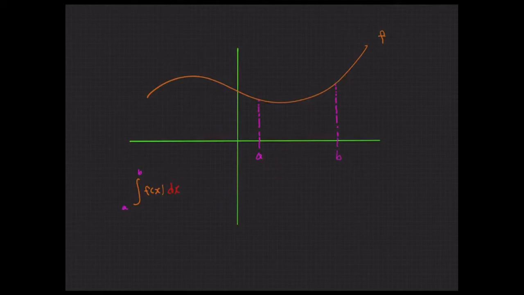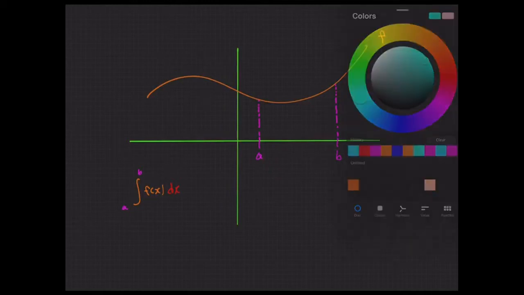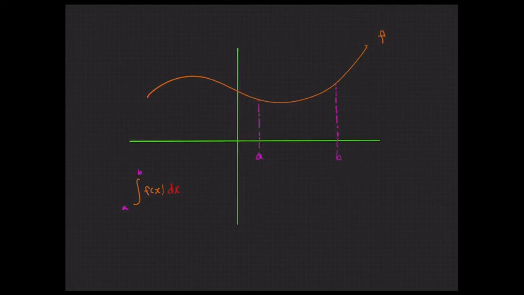So how are we going to do this? Integration always starts with something called a partition of the interval, which we'll call P. P is a set of points, x0, x1, all the way through xn, which chop up the interval.